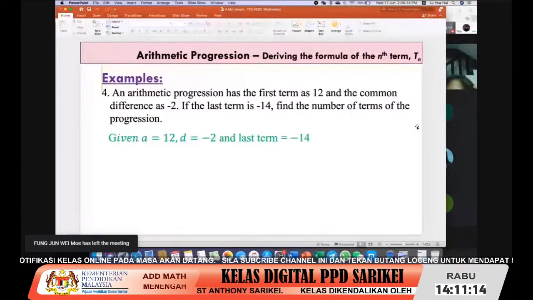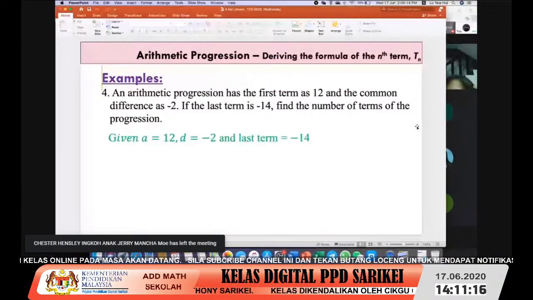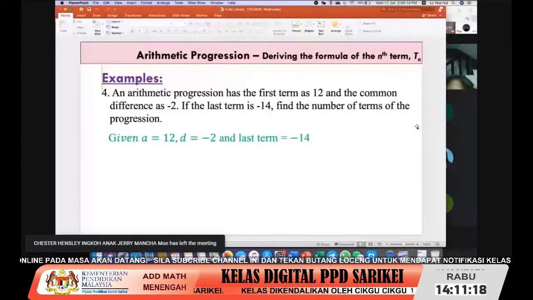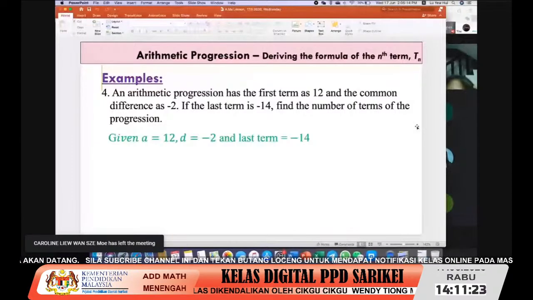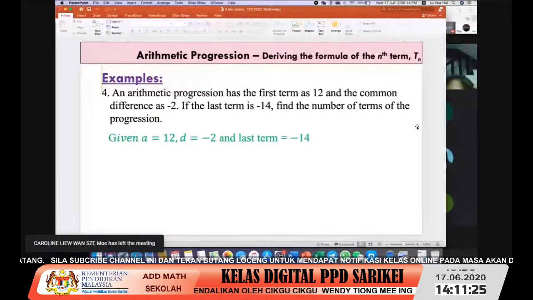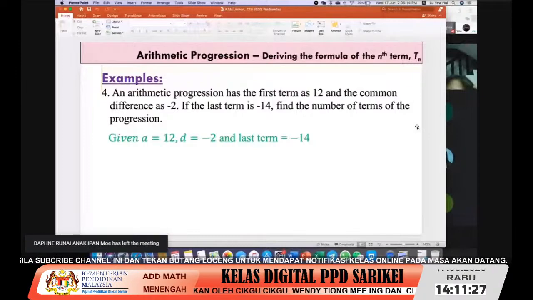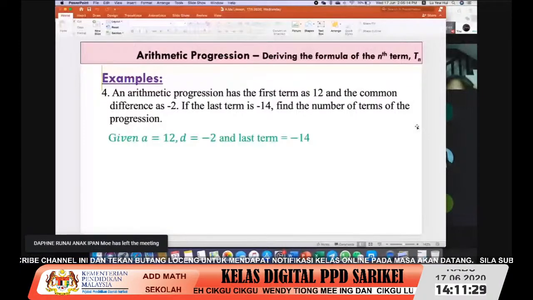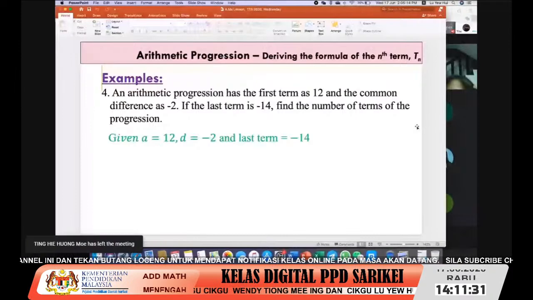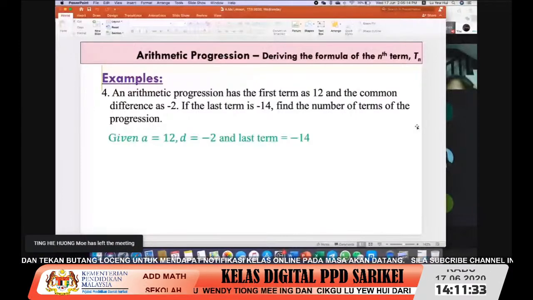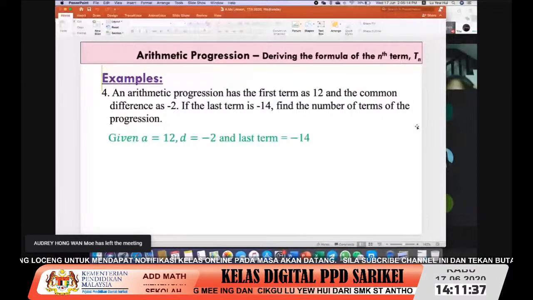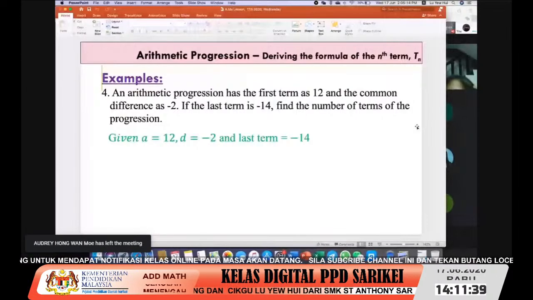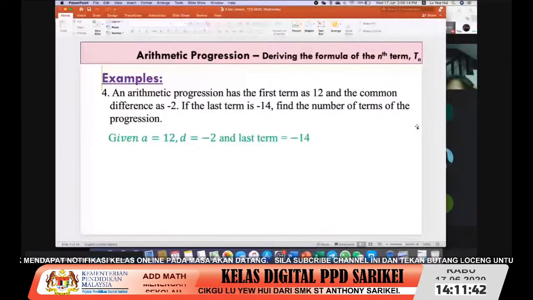And we can use the Tn formula. What is the Tn formula that we have? That is a plus n minus 1 d. With a equal to 12, we just replace in 12 plus n minus 1 times d.